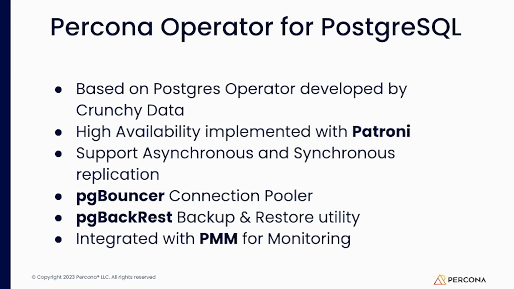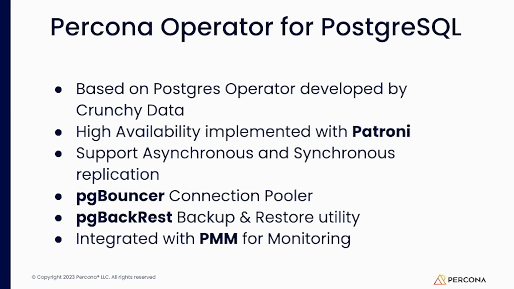This one is a fork of the Crunchy Data project, has HA with Patroni, and supports asynchronous and synchronous replication. PgBouncer is used for connection pooling, and pgBackRest for backup and restore, and it is also integrated with PMM.